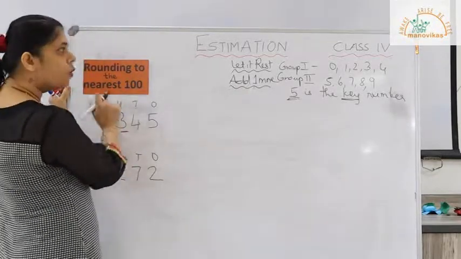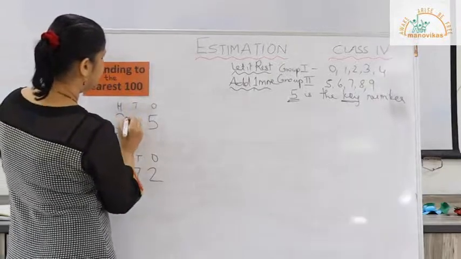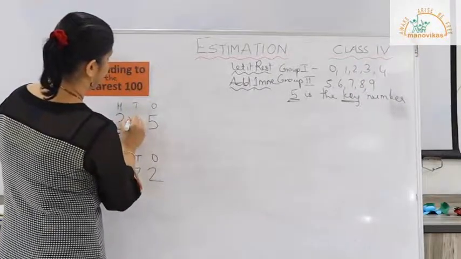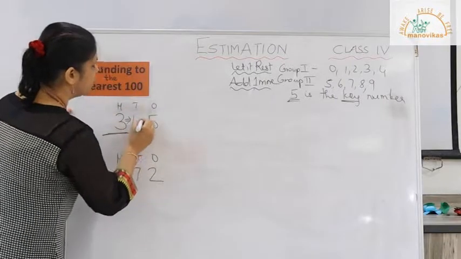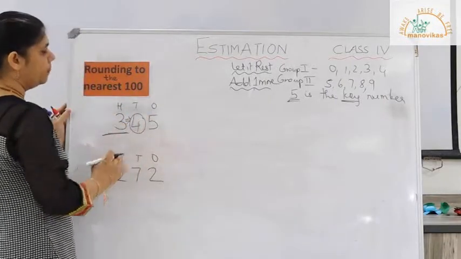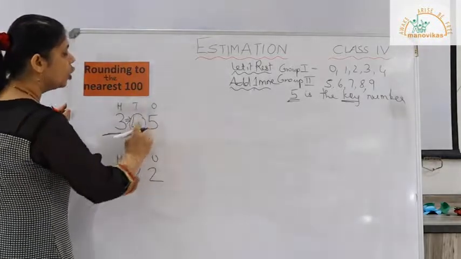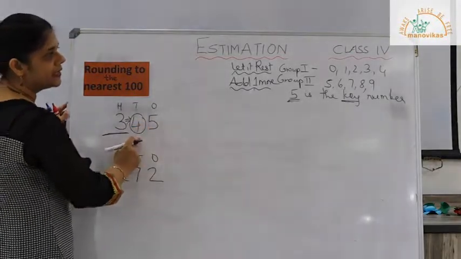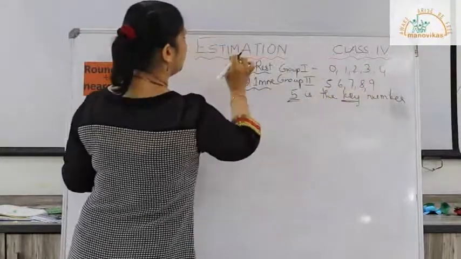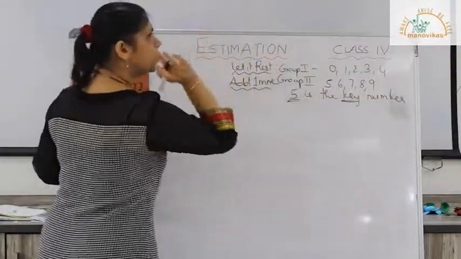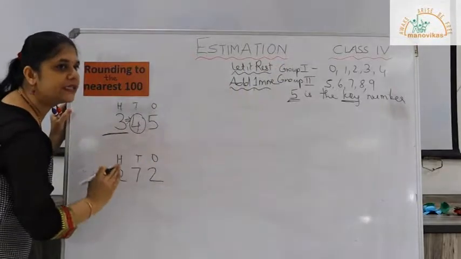Now, next, what will you do? Check the digit which is just after the hundreds place or to its right. So, which is the digit here? 4. Now, check in which group this number 4 lies. This number 4 lies in group 1, right? So, we are allowing the digit to rest. Now, which digit will be resting here?